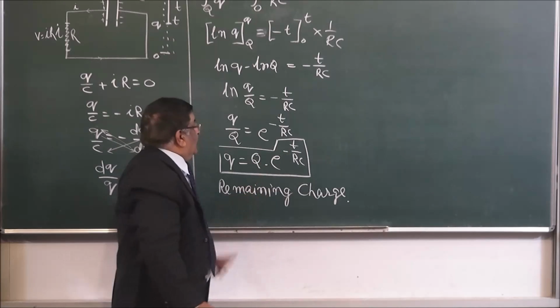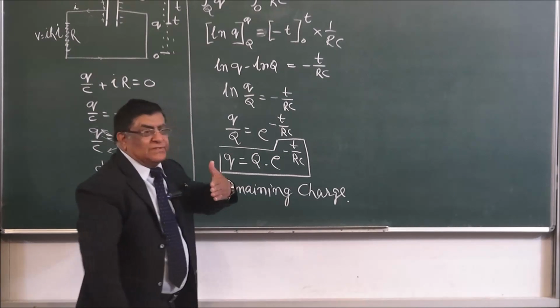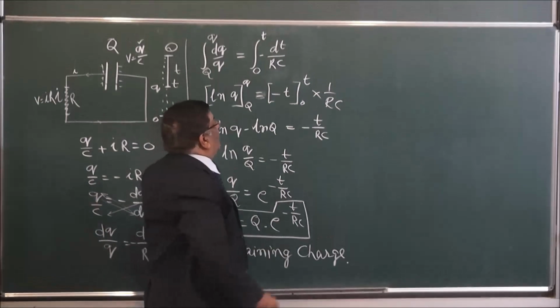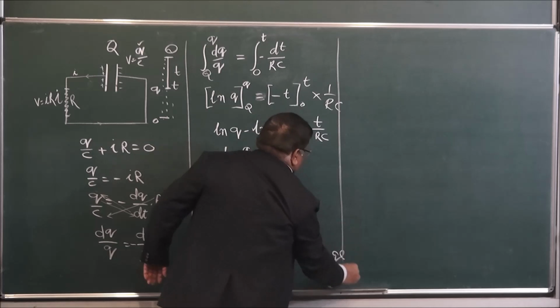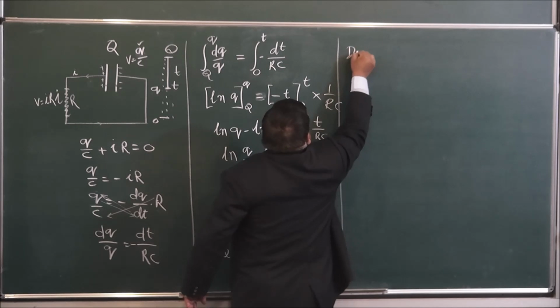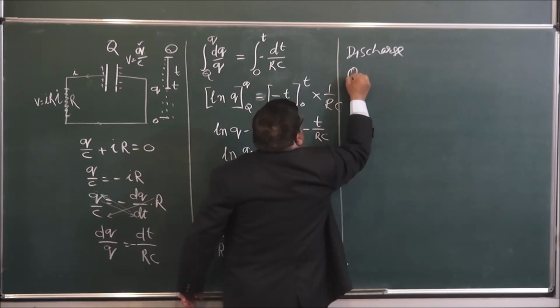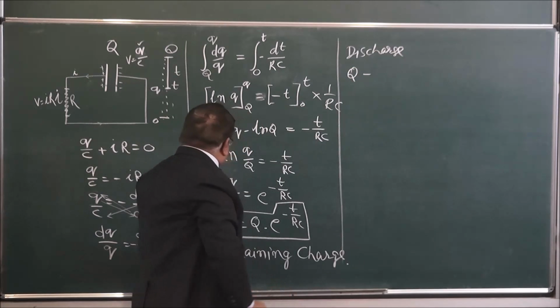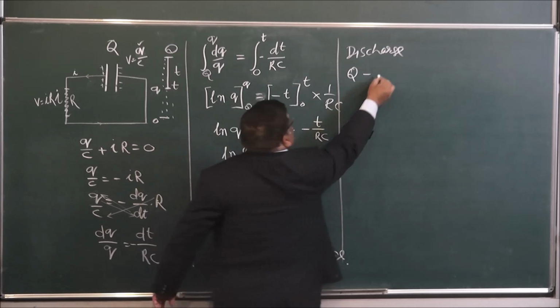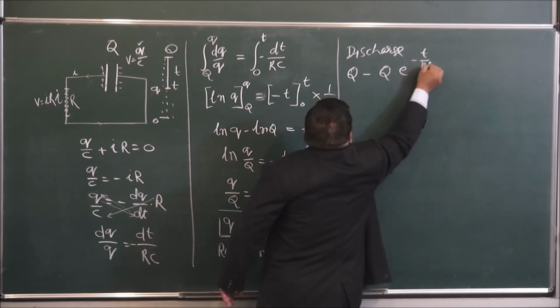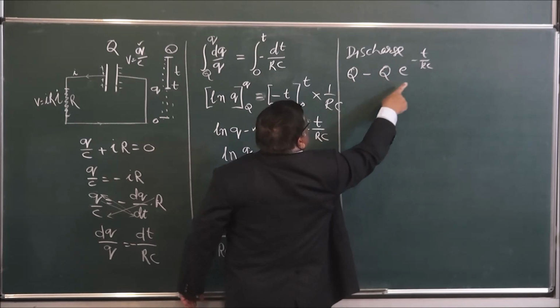After time t, how much is the discharge? The answer is the discharge will be how much charge has flown out. Initially the charge was Q0, and how much is the remaining charge? This Q0 into e to the power minus t upon RC. So this is the discharge.